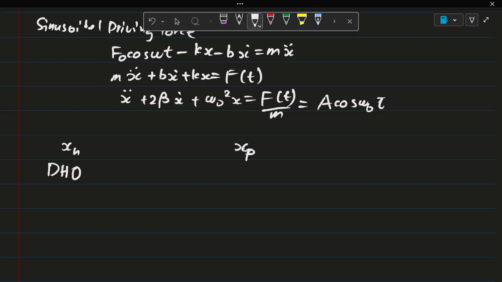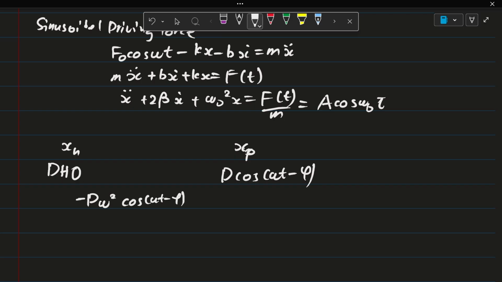So instead, we'll just guess that the solution would be D cosine of omega t minus phi. So we could now expand this solution. If we try this out, we would get negative D omega squared cosine of omega t minus phi.